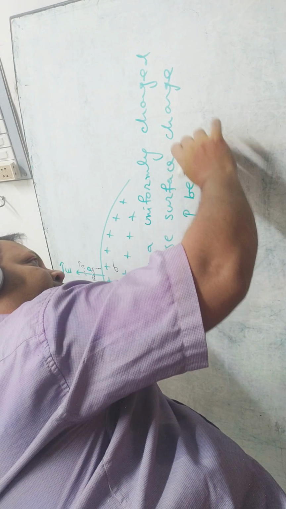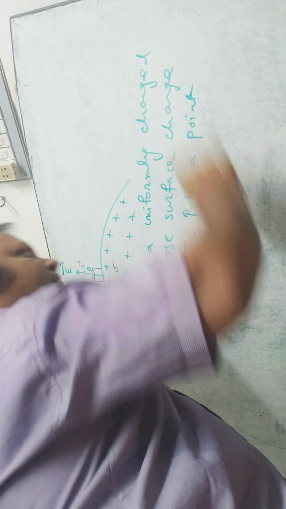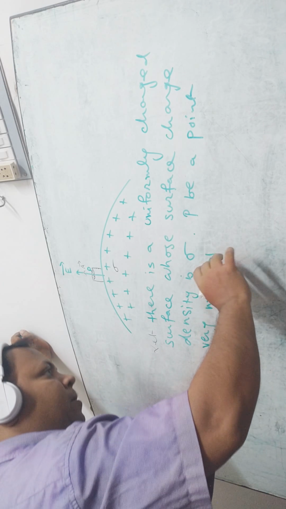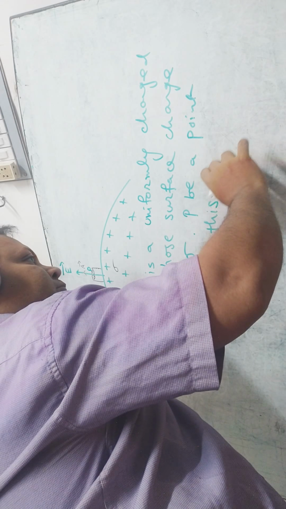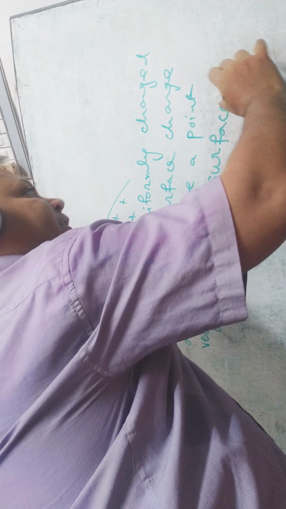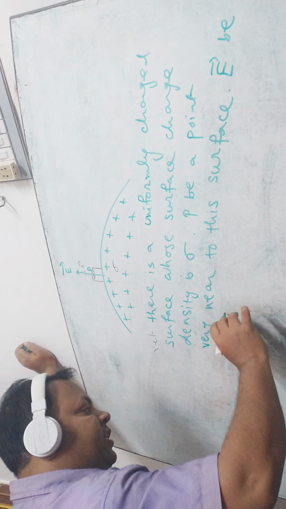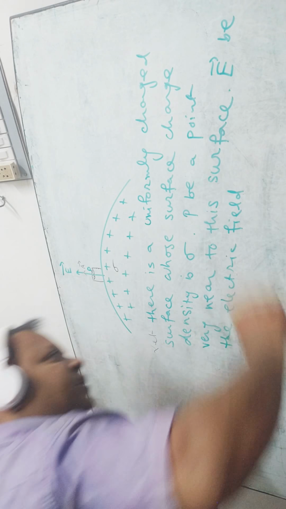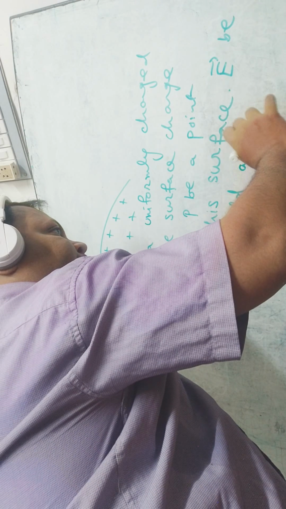Let P be a point very near to this surface. Capital E is the electric field intensity at P.